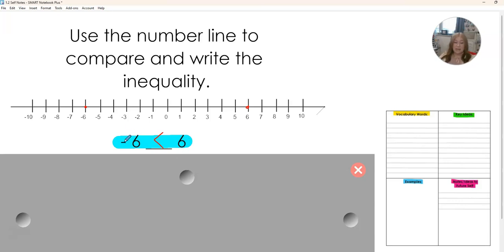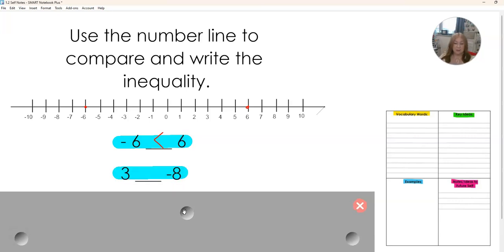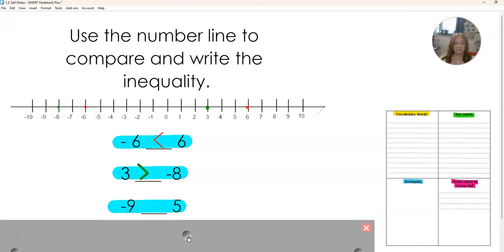So this reads -6 is less than 6. So make sure you have that example written down. So our next one says 3 and -8. I can see 3 is more to the right. So I open it up to the 3. 3 is greater than -8.